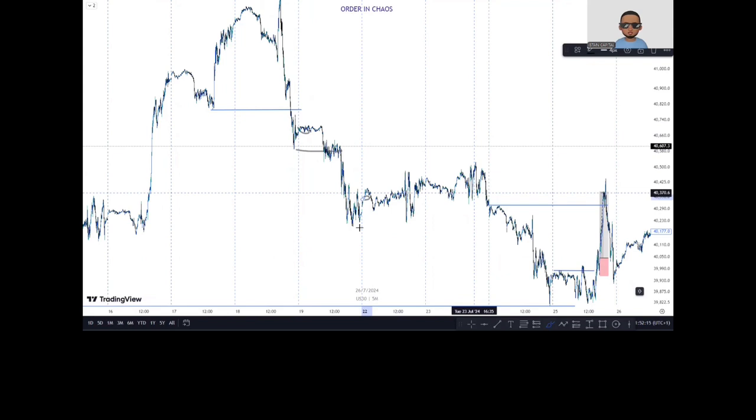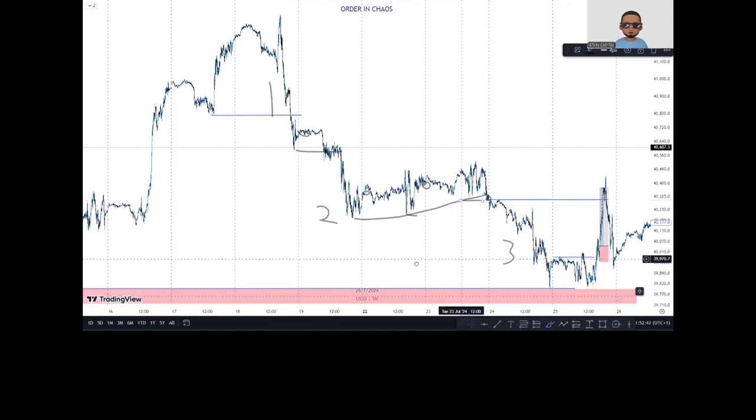And then the third day of breakout, you can see market just kept going up. There was no close below the low. This is the close, and this is the close right here. It's not below this low. So this first day of breakout, second day of breakout, third day of breakout, Wednesday, closing below Tuesday's low. You guys trying to get what I'm trying to say.